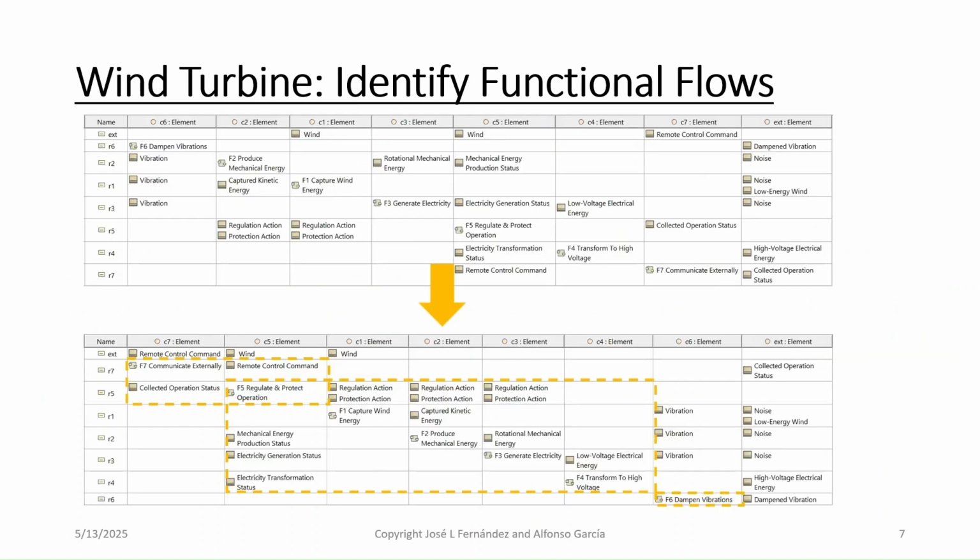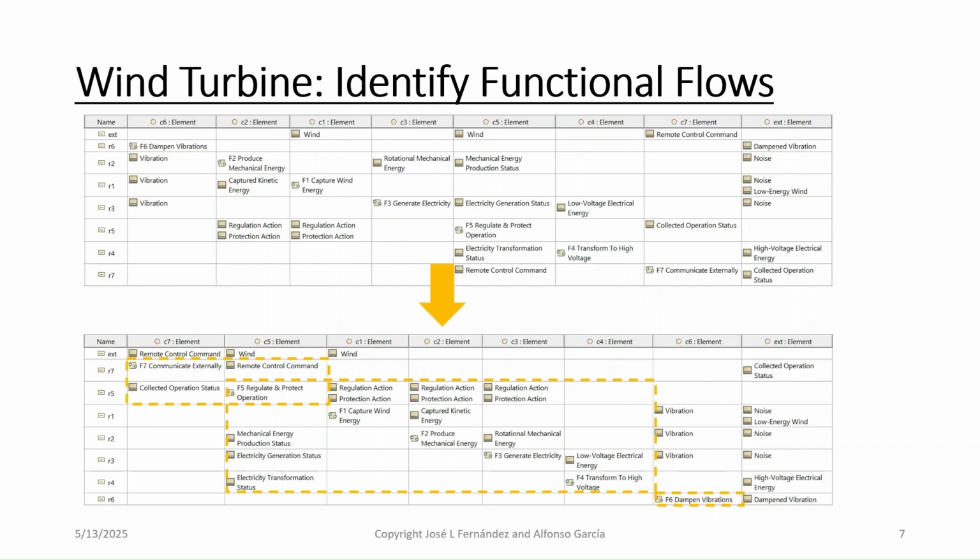But before trying to identify any functional flows, the methodology recommends us to reorder the functions of the n-squared chart in a way that those functions that only receive external items are at the left side of the diagonal. Those functions that only produce external items are placed at the right side of the diagonal.